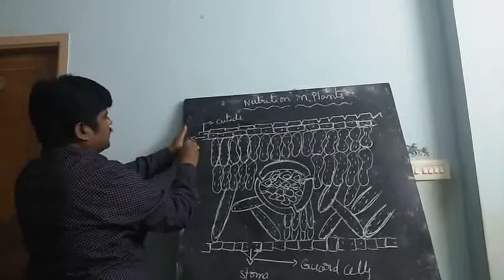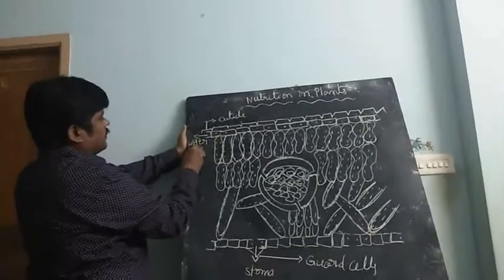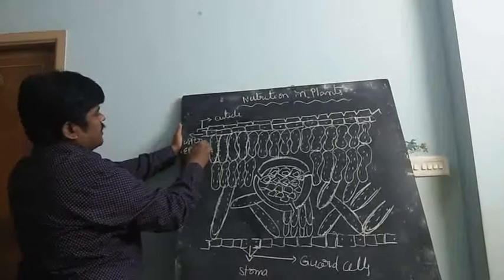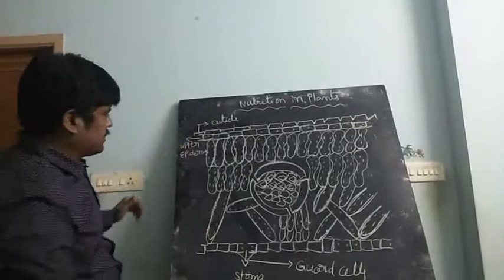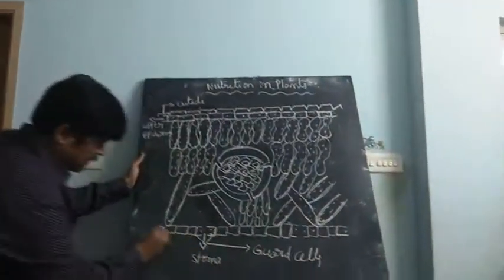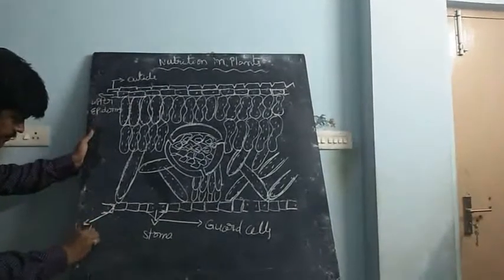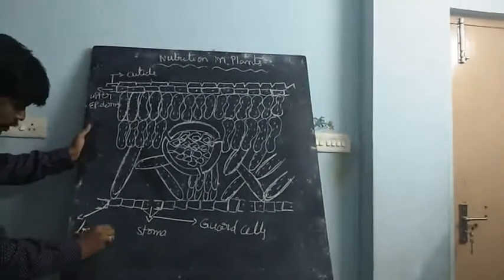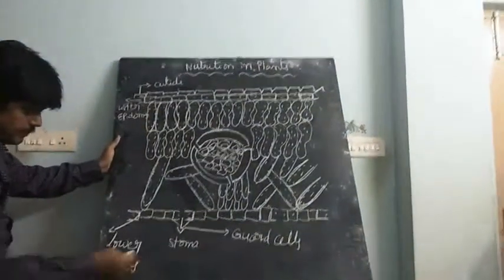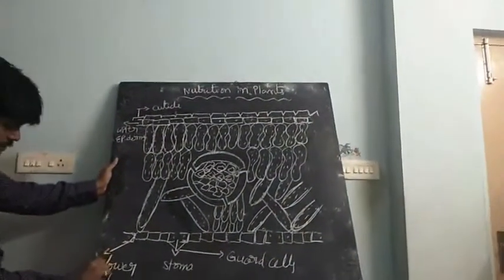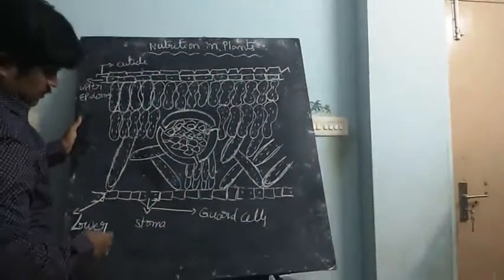This one is the upper epidermis. Upper epidermis. Next, these are the lower dermis. Lower. This is the lower dermis. Okay, lower dermis. Next one.